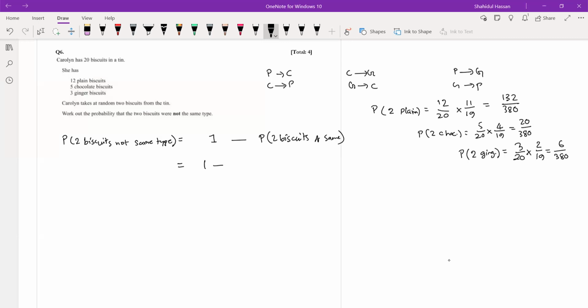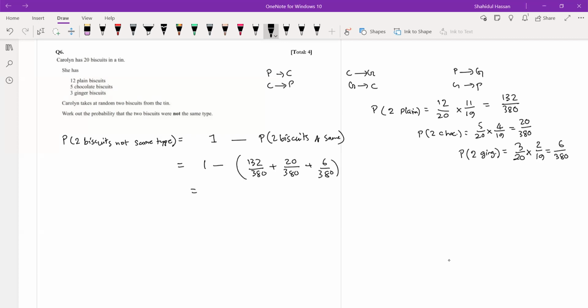Now, the probability of 2 biscuits of the same type is 132 by 380 plus 20 over 380 plus 6 over 380. The probability of 2 plain biscuits, 2 chocolate biscuits, and 2 ginger biscuits. If I add them up, this will give me the probability of 2 biscuits of the same type.